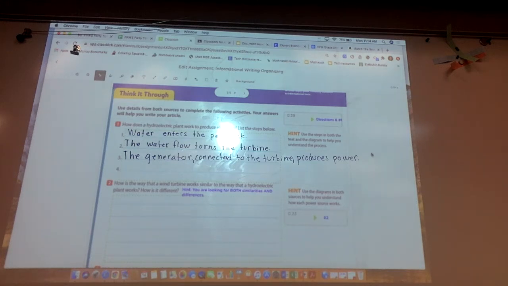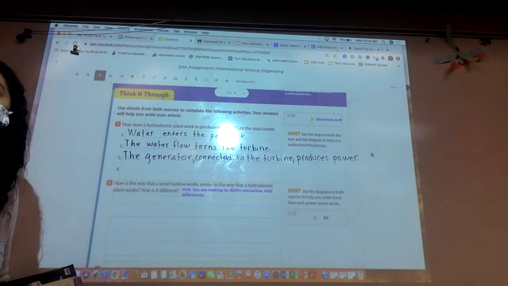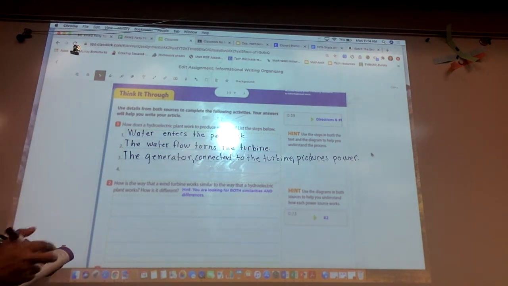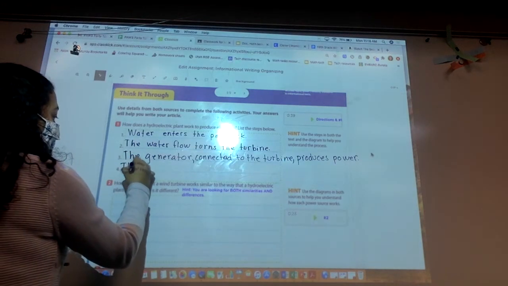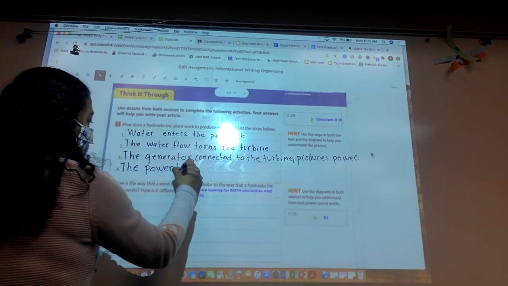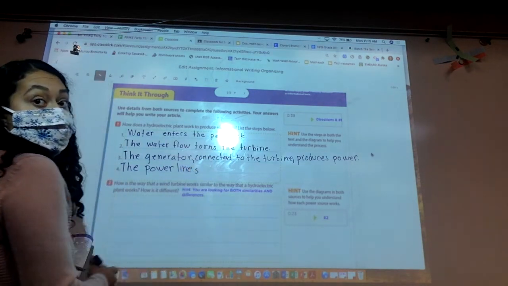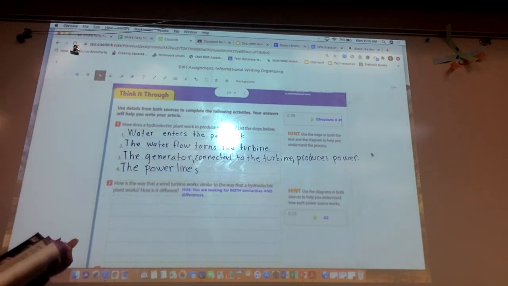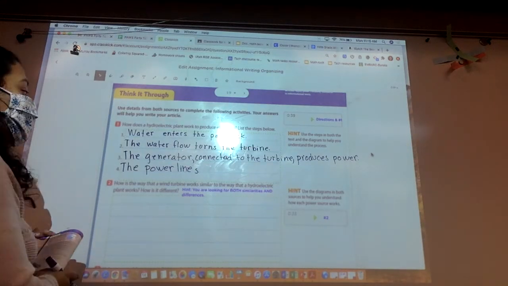Okay, what's the last step? How does it travel? The generator runs and the electricity goes through the power lines, right? Okay. The power lines. Thomas, I need you sitting in the stool correctly. We're not sitting on the floor right now, please. Thank you.